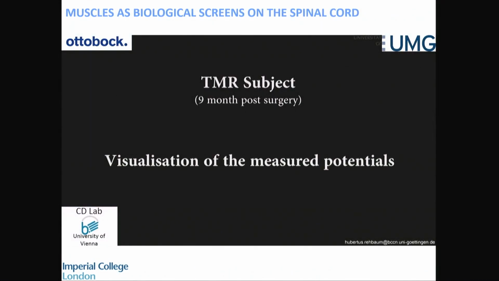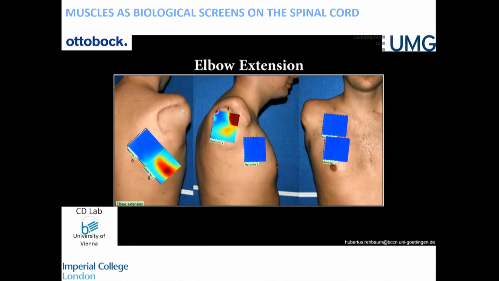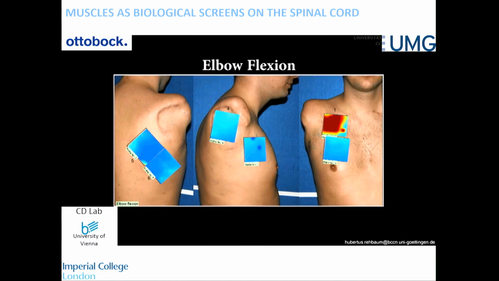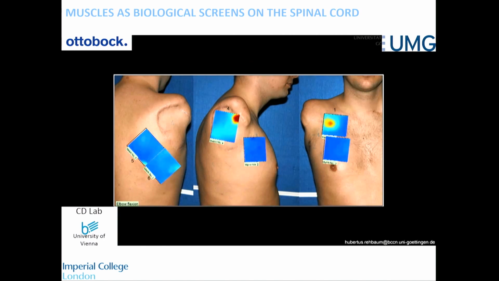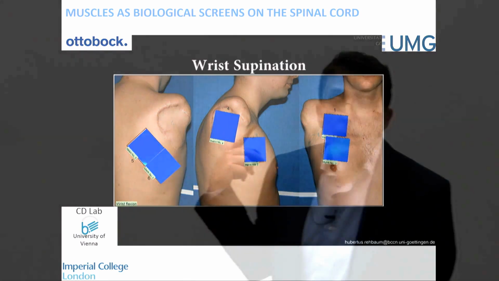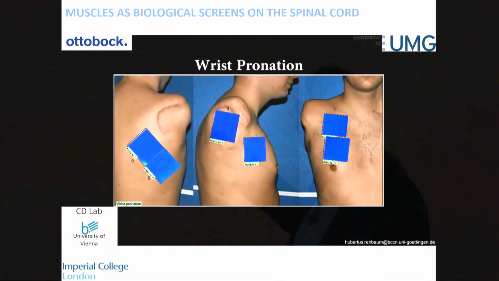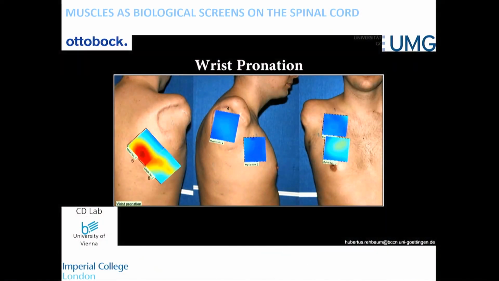So what we will see here is a real patient who underwent this kind of surgery. And the color map that you see are the electrical activity that we can record from the muscles that have been reinnervated when the patient does this task of his missing limb. Now, those color maps are really bioscreens. They tell us how each of the nerves that was producing those movements of the missing limb, what that nerve is doing.